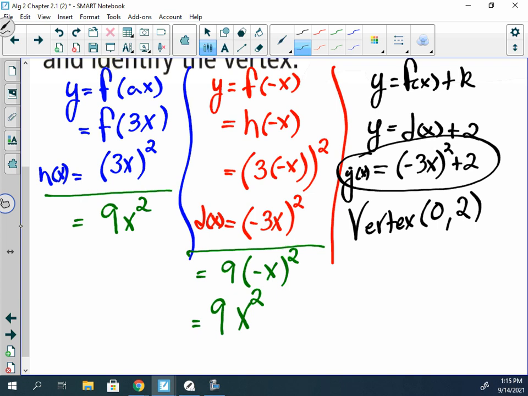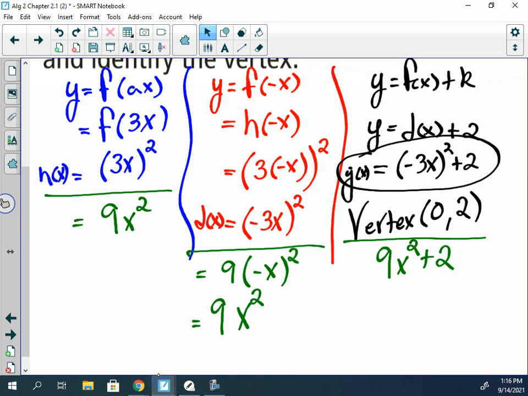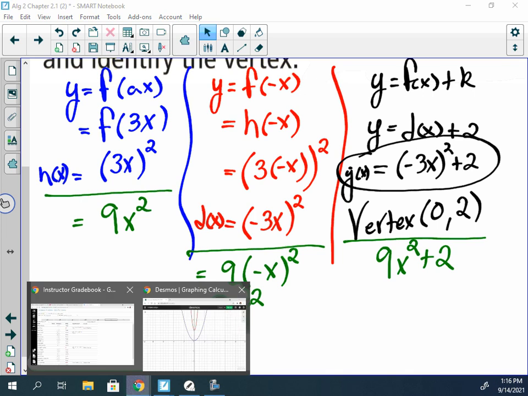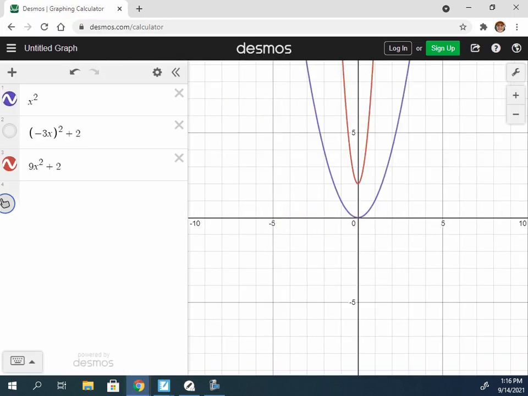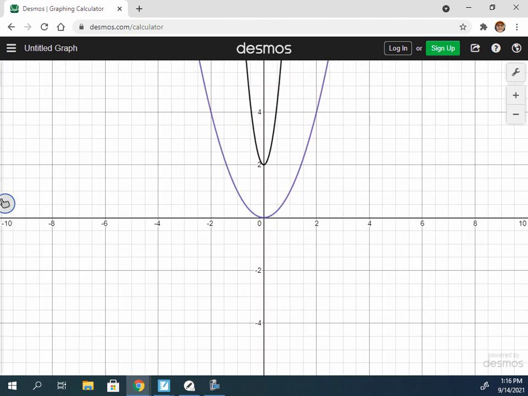Now, this last part really, if we use the other function, is just going to end up being 9x squared plus 2, because if we multiplied it out. Let's see here. So I went on and graphed it for y'all because I did it in Desmos and it graphs for us.